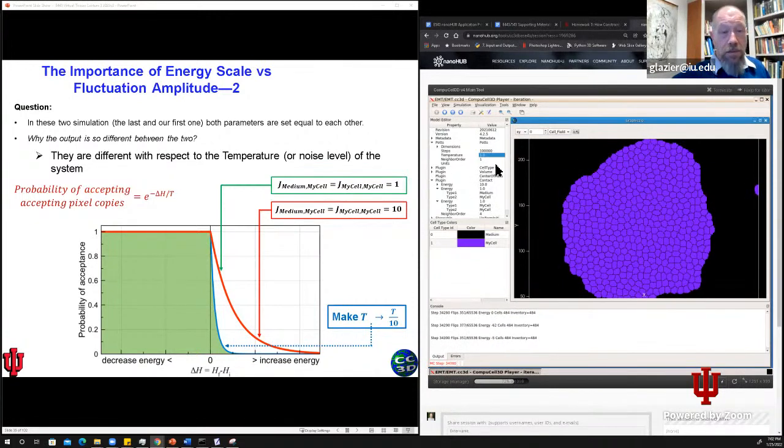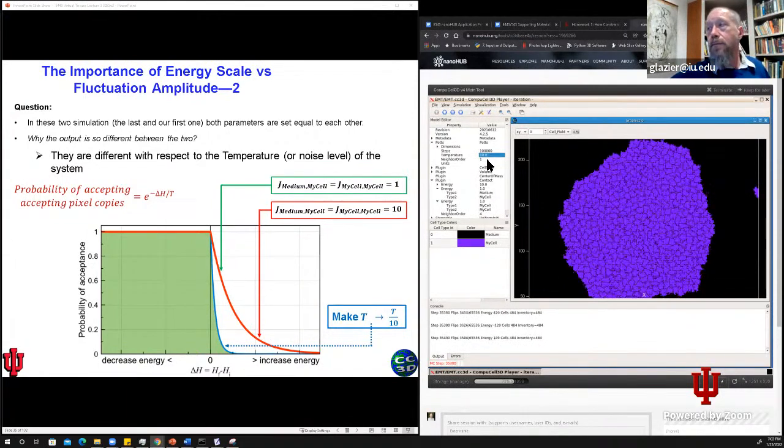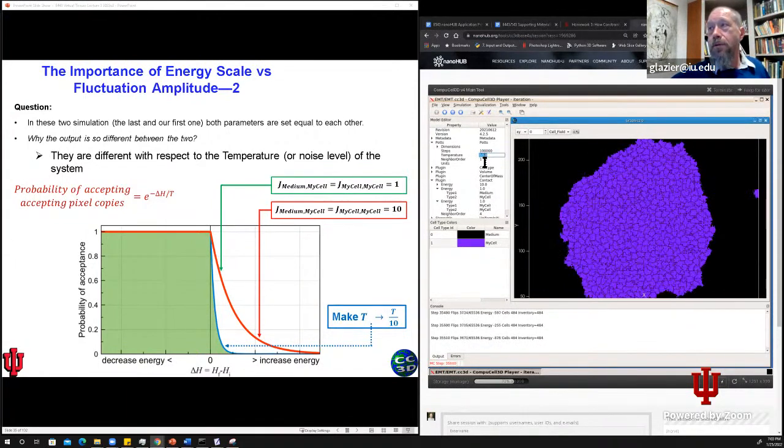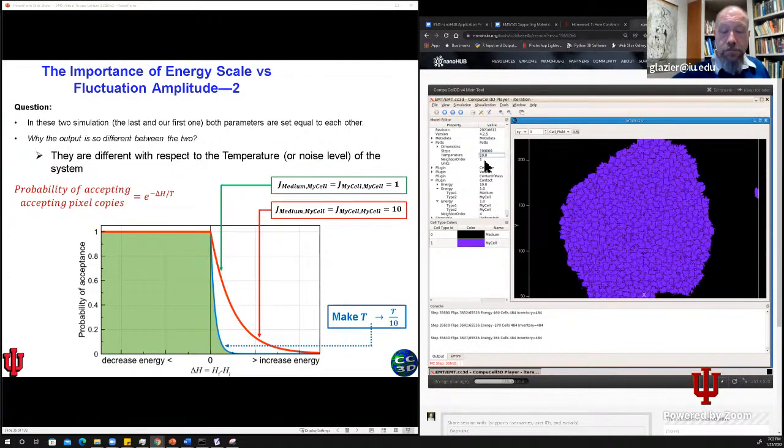Did people try that? Can everybody try that and see what happens? You can play around here with the fluctuation amplitude and make the temperature 2. It fluctuates a bit more. It was 10 before. Too much. What if I made it 100?